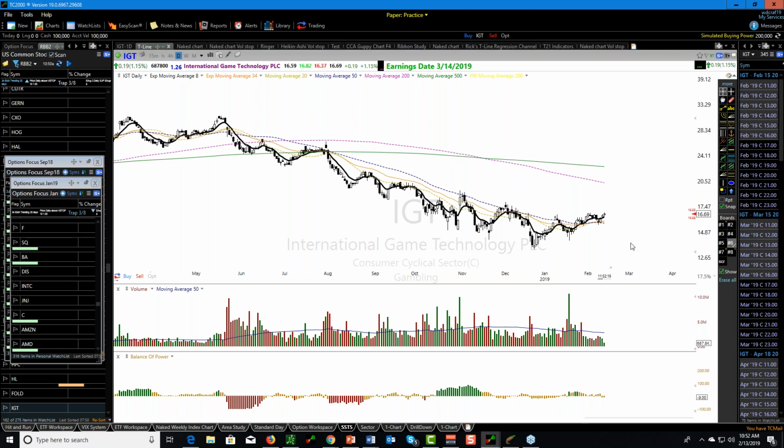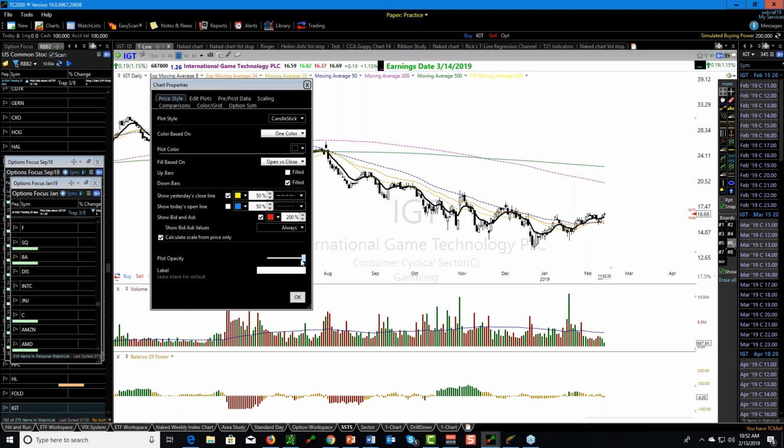The rounded bottom breakout pattern was actually created by my partner, Rick Sadler. Rick put the name to this, and really all it is, the stock has been in an extended downtrend of some kind, and we cross back above that 50-day moving average. If I peel off the price action of this chart and just look at the moving averages, you can see that we get that rounding effect.